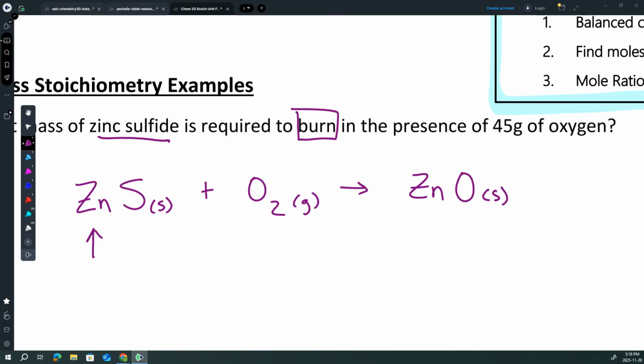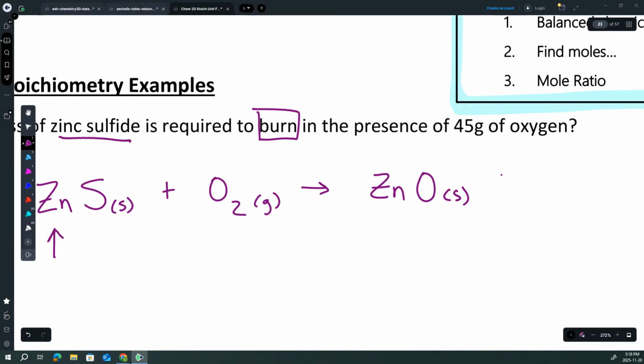Remember, when oxygen reacts with metals, you're going to go with the most common charge. And for zinc, there's only one possible charge. It's not a multivalent metal. So that's why I knew that the oxide that oxygen would form with zinc would be this compound, just by balancing the charges there. All right.